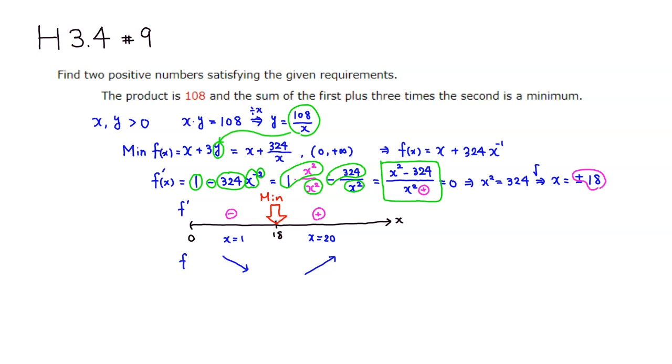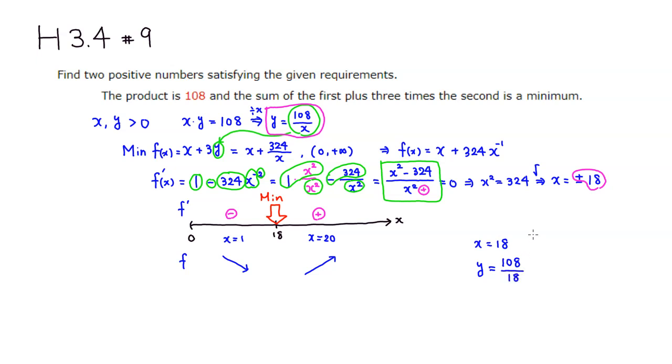So we found the x value to be 18, right? And how do you find a y value? There's actually a recipe to cook up a y value from the x value up here. So we're going to use that formula there. y is equal to 108 divided by 18.